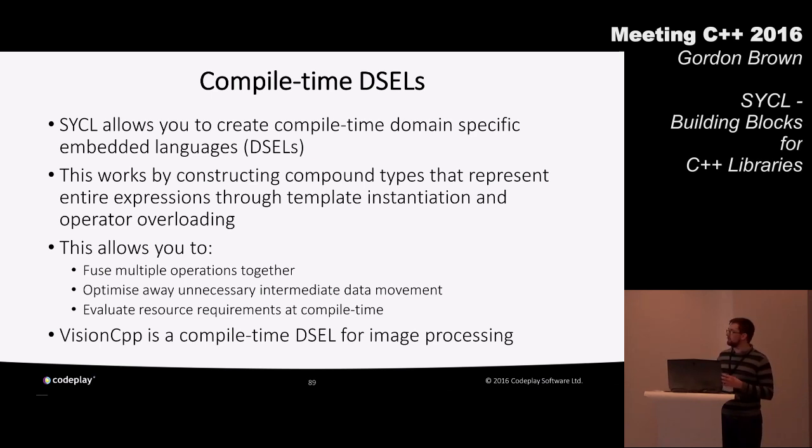So you construct types that represent expressions. And then these expressions can be evaluated all at once. This allows you to fuse multiple operations together, optimize away unnecessary data copies, and evaluate the resources you require for an entire set of operations at compile time.